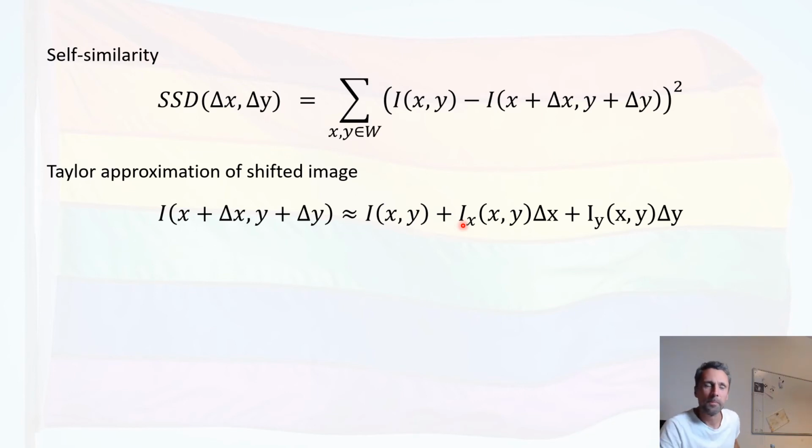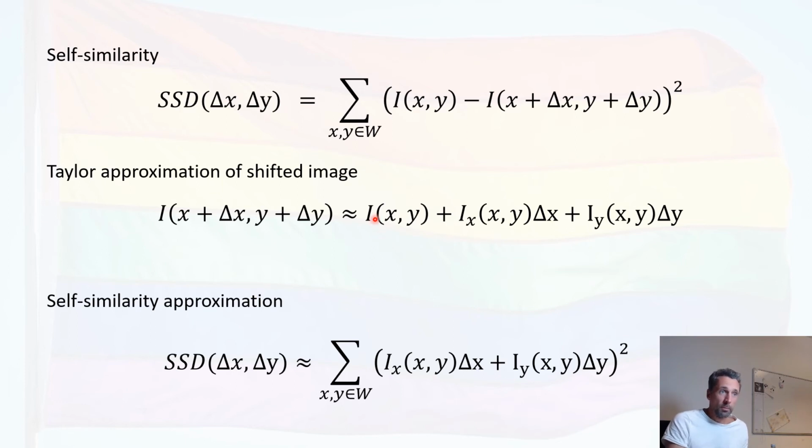Is that a word? Anyway, so this part here becomes this approximation. For those who don't know why that works and why we can do that, just ask that in the Q&A session.